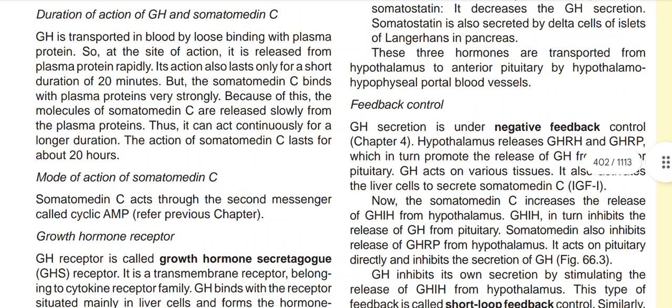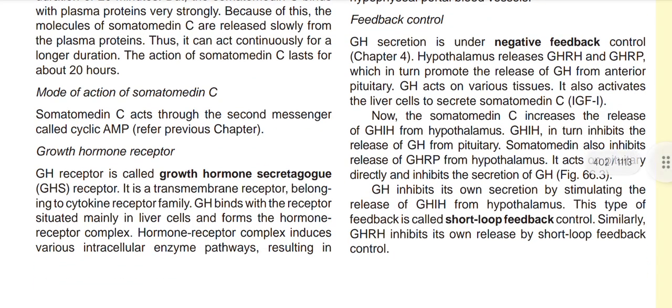Now, mode of action of somatomedin C. Somatomedin C acts through the second messenger called cyclic AMP, the messenger type we have discussed in the previous videos also. Now, growth hormone receptor.